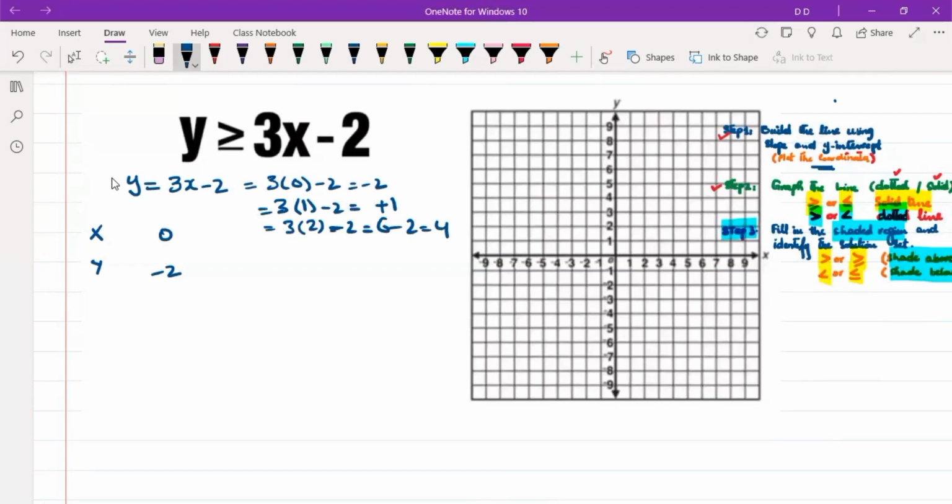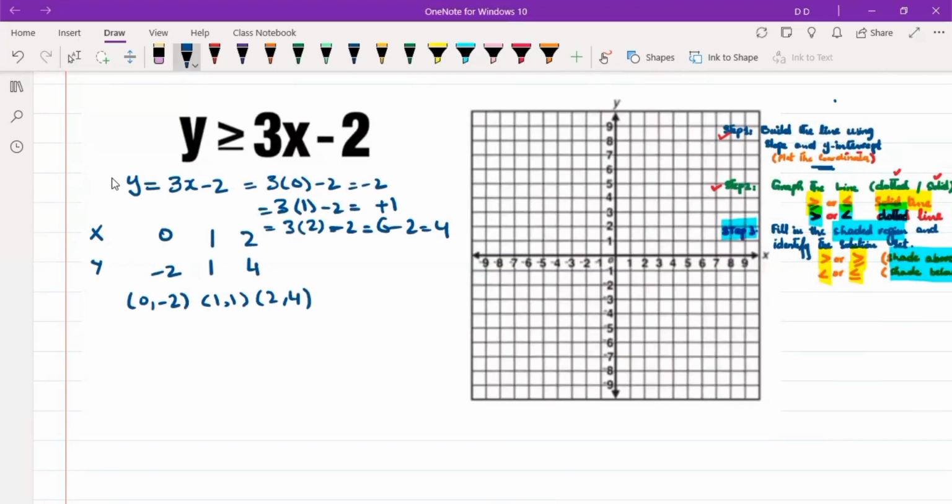So when I put x as 1, I receive y value 1, and x as 2, I get y as 4. As coordinates, I can write them in this form, pairs of coordinates, right?